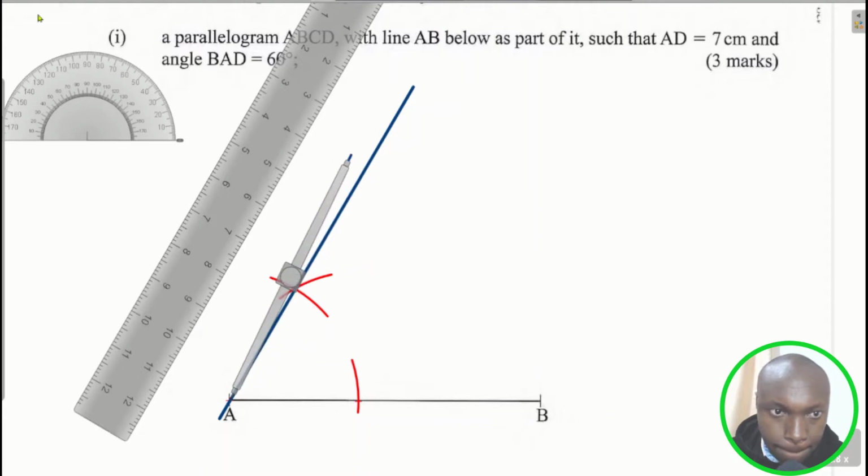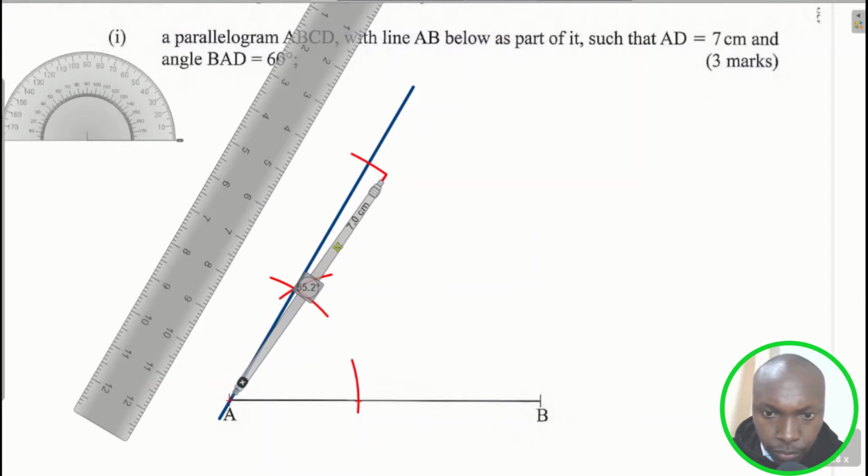Mark that. So that is point D. What I've already marked here, this one should be point D, and that one is 7 centimeters.